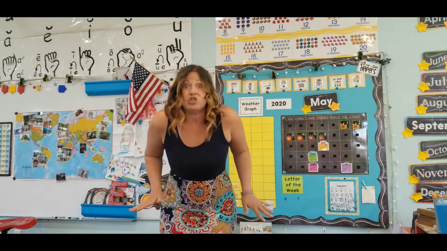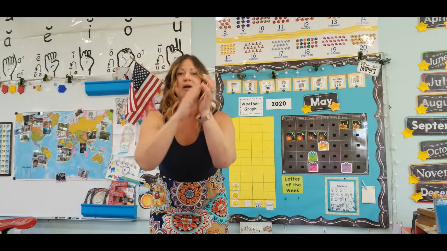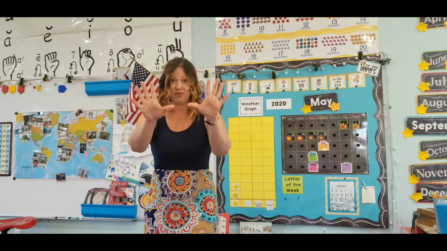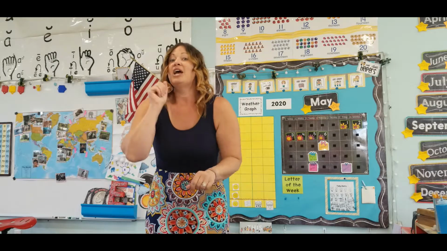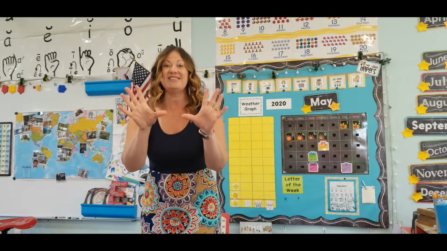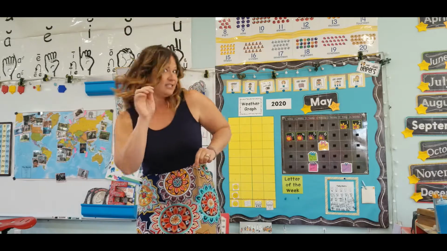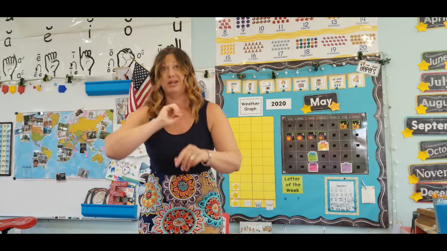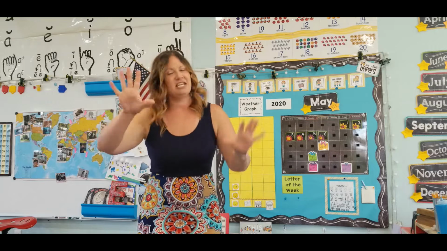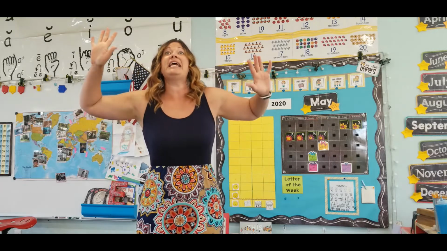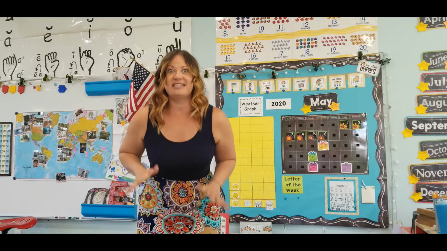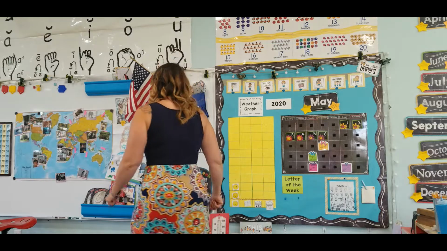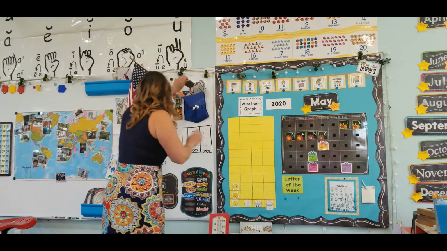When you get to the 125, here we go, 5, 10, 15, 20, 25, 30, 35, 40, 45, 50, 55, 60, 65, 70, 75, 80, 85, 90, 95, 100, 5, 10, 15, 20, 125 days of school. 125. That's a lot of days. Let's write that out.